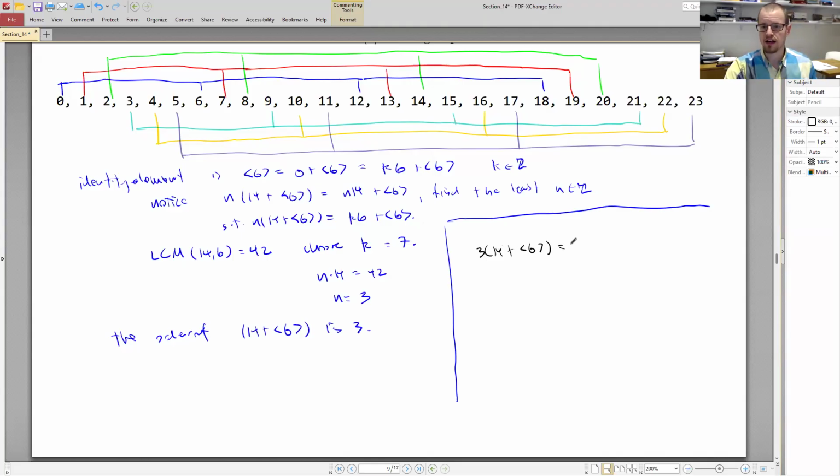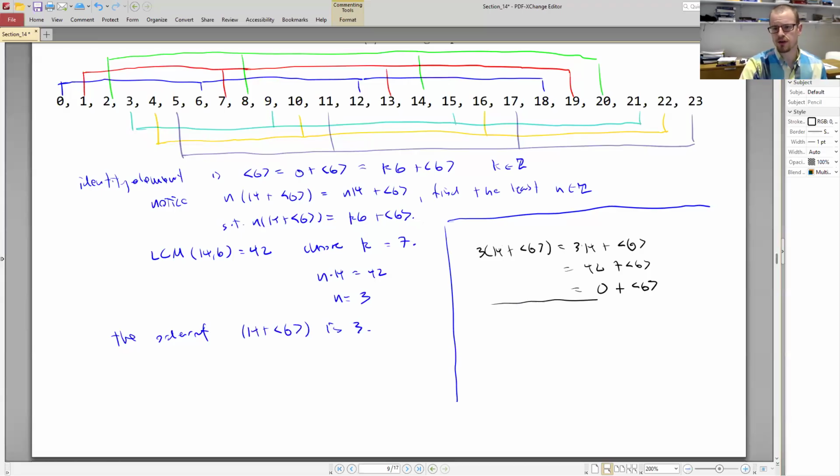Again, that's this thing added to itself 3 times. 3 times 14 is 42 plus what's generated by 6. But this is 0 mod 24, not mod 24, mod 6, right? That's where I'm working here. So this is 0 plus what's generated by 6, or just 6.